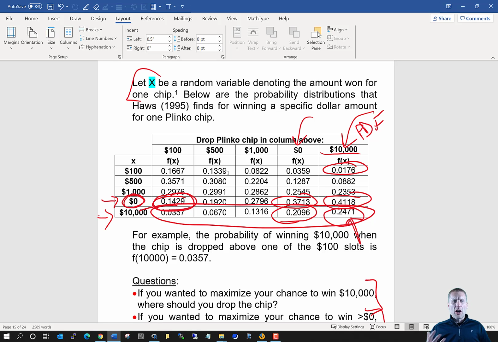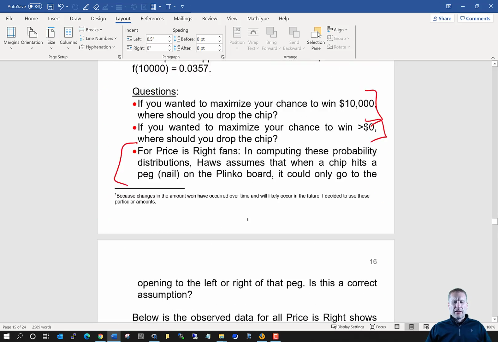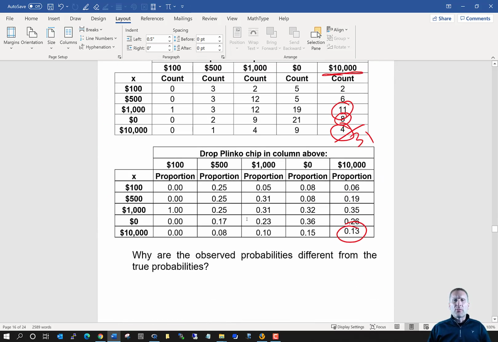Well, what causes these estimated probabilities to be different from those probabilities that we saw on the previous page? Well, again, this gets into the whole idea of the sampling process. This was a sample of 1 year's worth of people playing the game. And so we wouldn't necessarily expect what happens as a sample to be exactly the same as what should happen.